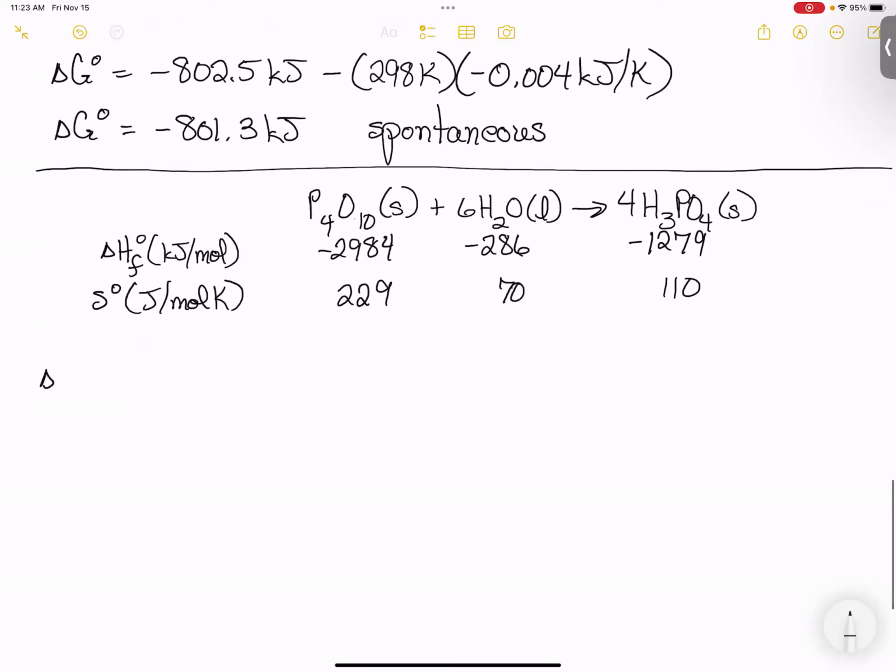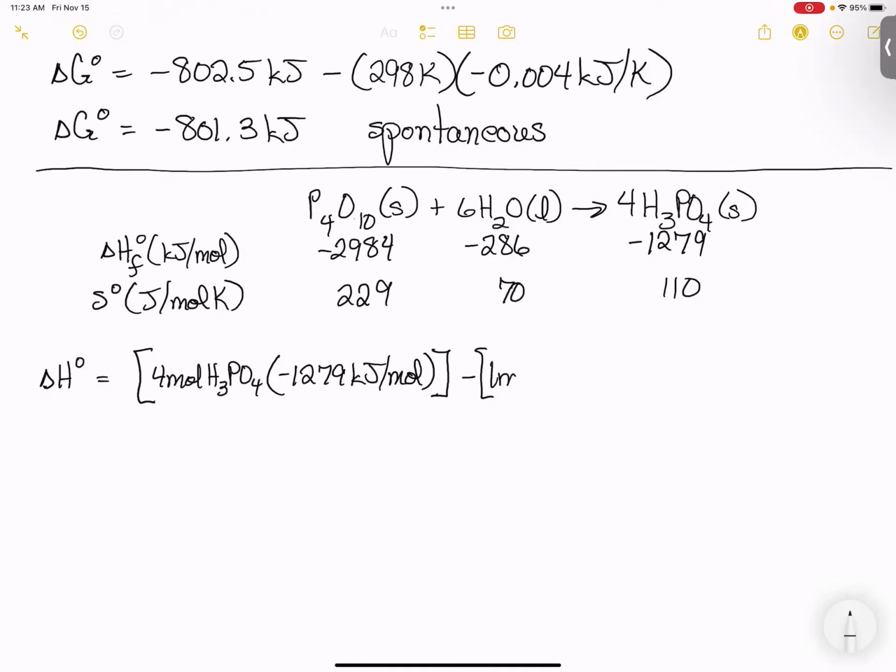Okay, so let's get into the delta H naught. That is going to be the products. So we have 4 moles of H3PO4 times that value of 1,279 kilojoules per mole minus the reactants.